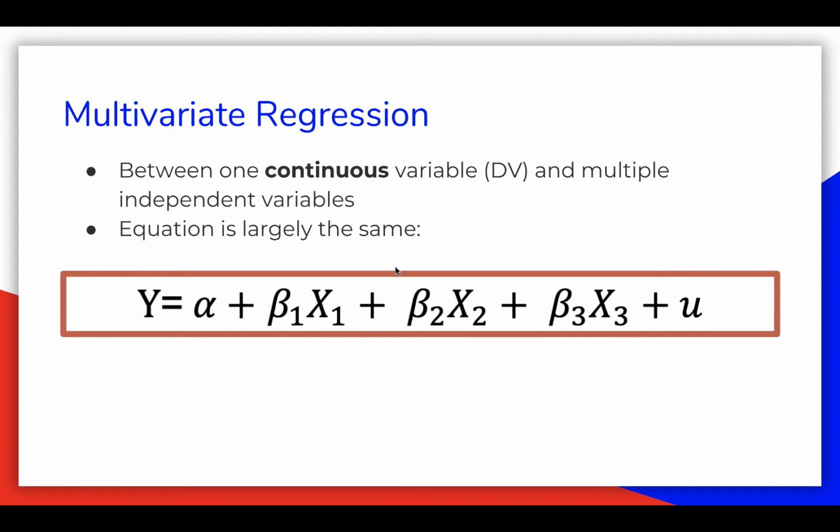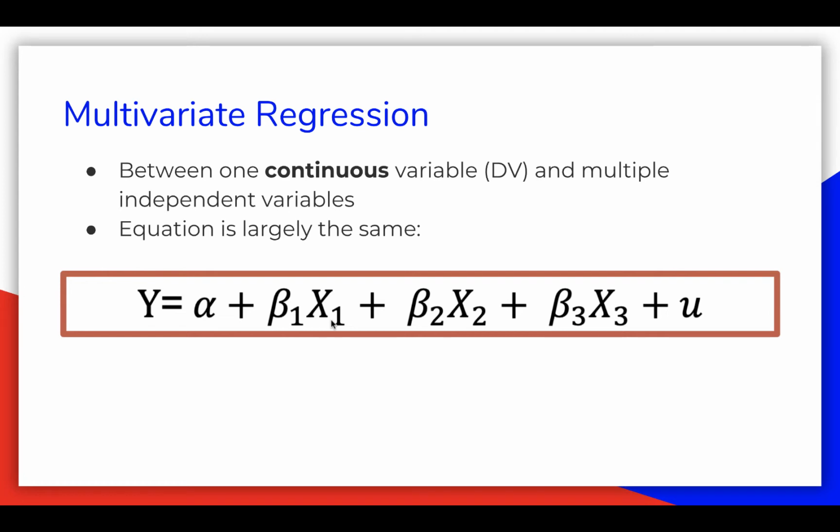So all we've added are these new terms for any additional variables that we might have, okay? But the equation is largely the same, with alpha being our intercept, this little u being our error, the betas being slopes or coefficients for each of our variables, and then the x's being each of our variables that we're going to be including in the model.